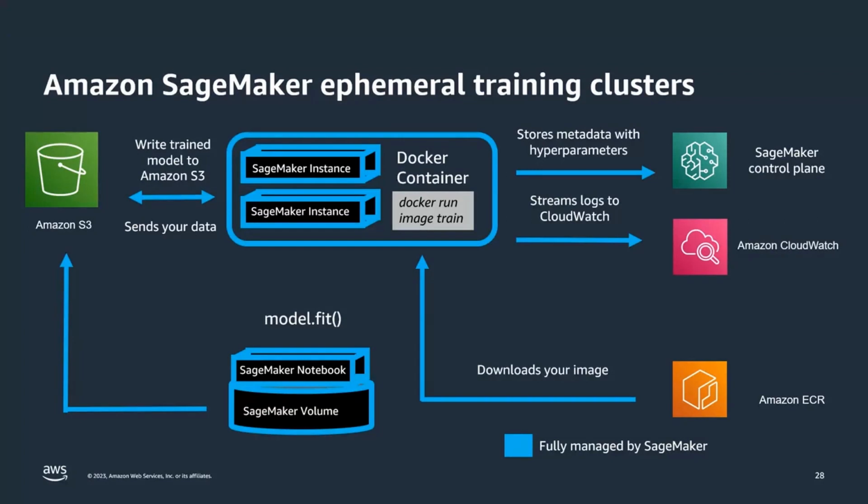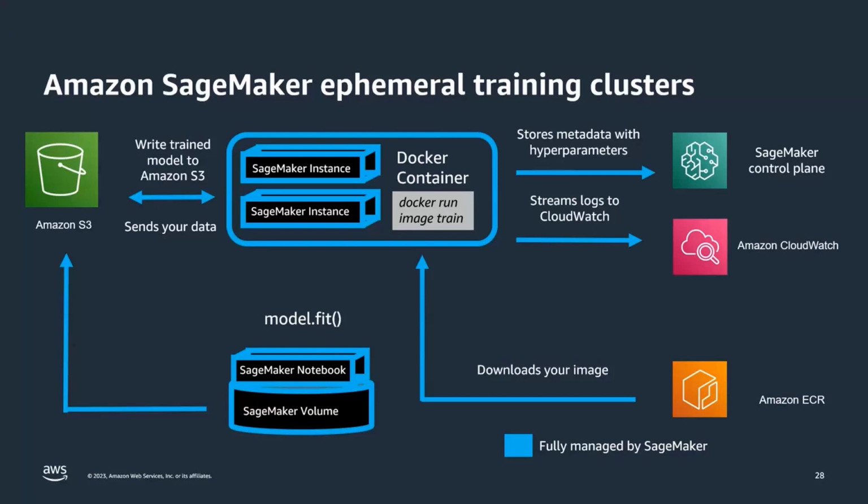So when we run SageMaker training, we always use ephemeral training clusters. When I submit a training job, SageMaker will spin up a cluster based on the cluster configuration that I choose. It will load the training code from ECR, Amazon Elastic Container Registry, and also load the data from S3, and then start the training.